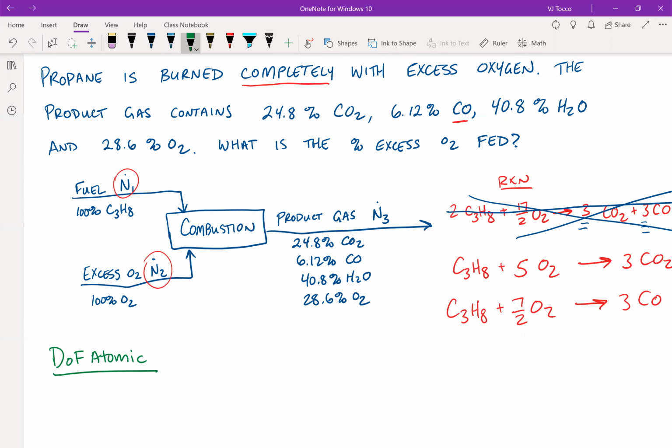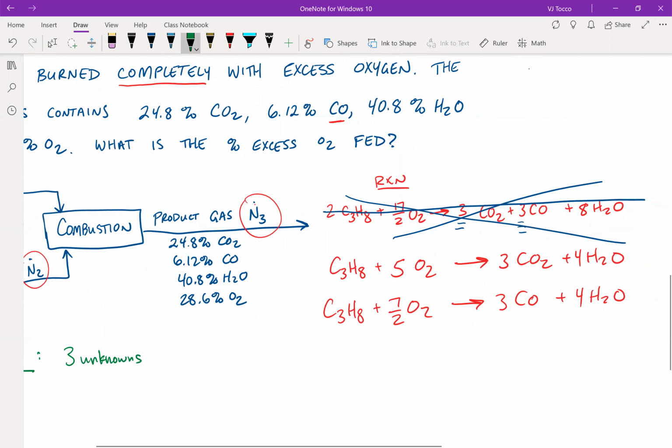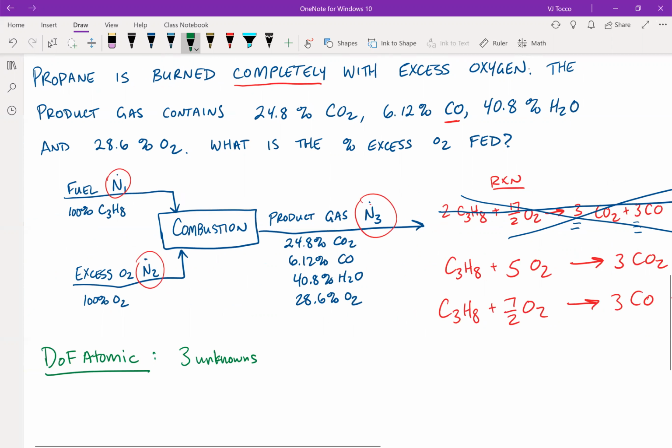For the atomic method, I'm ignoring the chemical reaction, so I don't have to take that into play. So I've got 1, 2, and 3 unknowns for the flow rates. 3 unknowns. And I have, let's see, carbon, hydrogen, oxygen as my 3 atoms, correct? 3 unknowns minus 3 atomic balances.